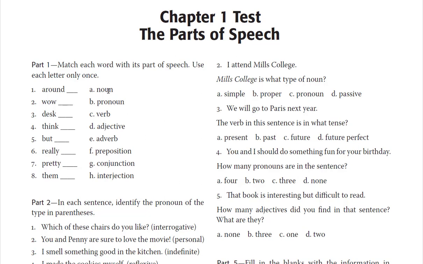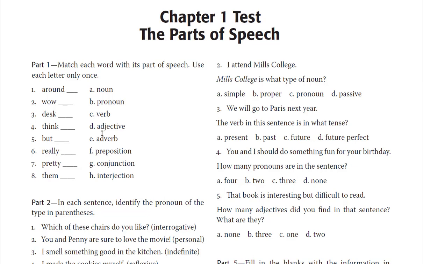A noun is a person, place, or thing. A pronoun is a noun that replaces an antecedent, like he, she, they. A verb can be an action verb, linking verb, stative verb, transitive or intransitive verb.